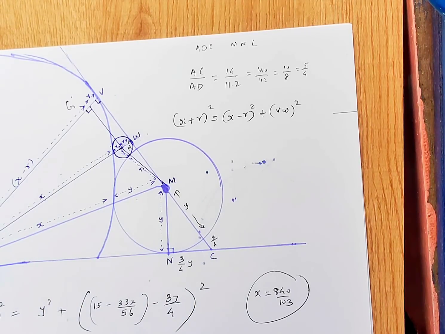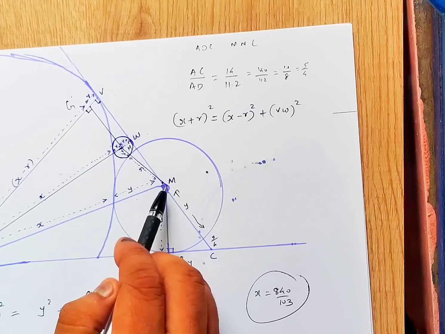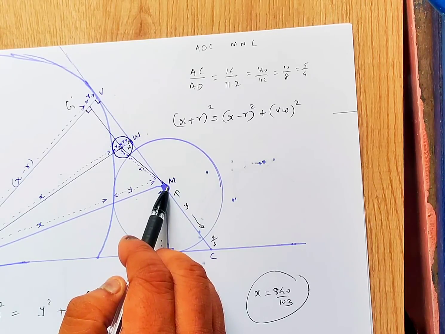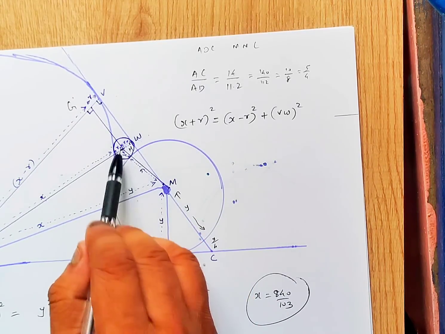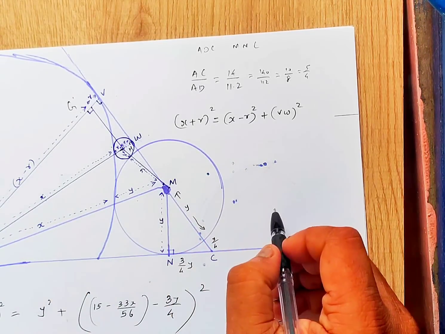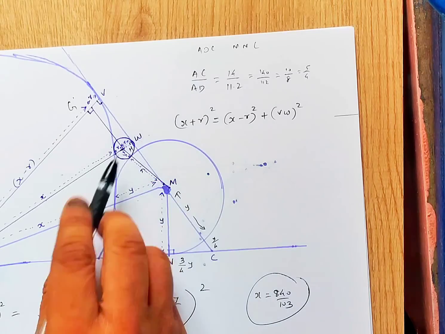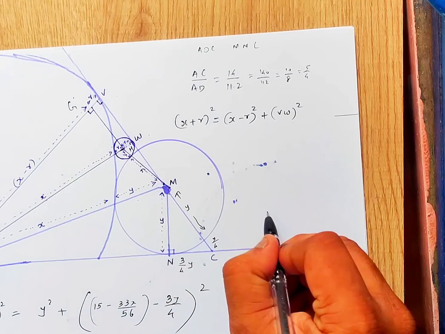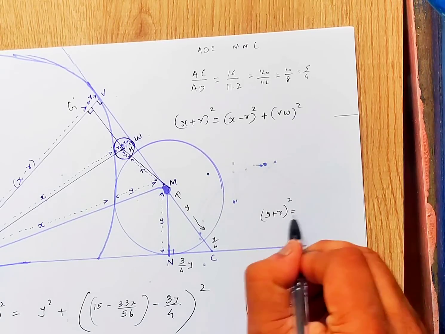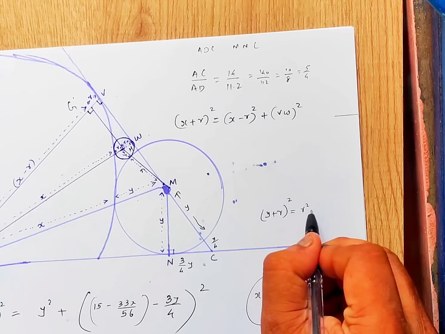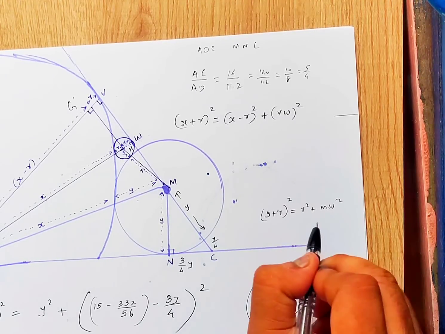Now one thing that I can note over here is, from W to point M, which is the center of the semicircle, this length can be expressed in terms of y and r. How? By using Pythagoras theorem again, the height is small r and this is y plus r. So y plus r the whole square is equal to r square plus MW square.